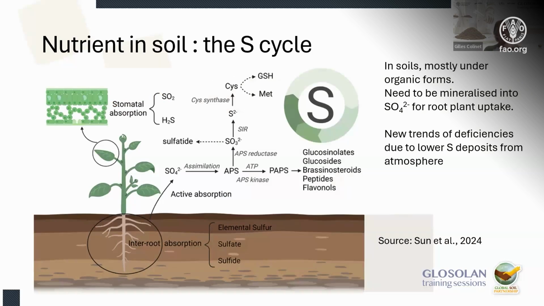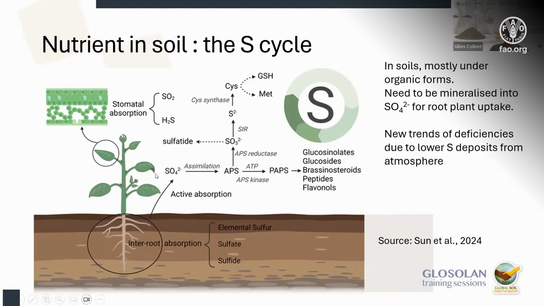If you look at the sulfur cycle, you can find sulfate or sulfide in the soils, but most of the reserve of the sulfur in the soil is in organic forms, and these organic forms need to be mineralized into sulfate for the plant to be able to take it up.